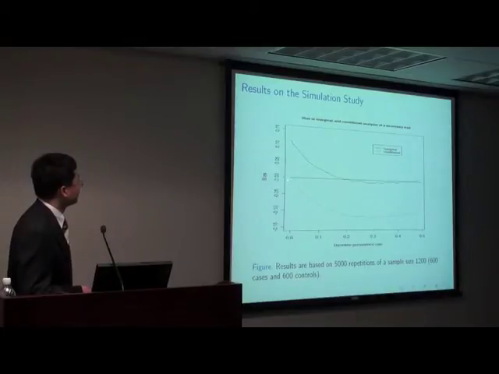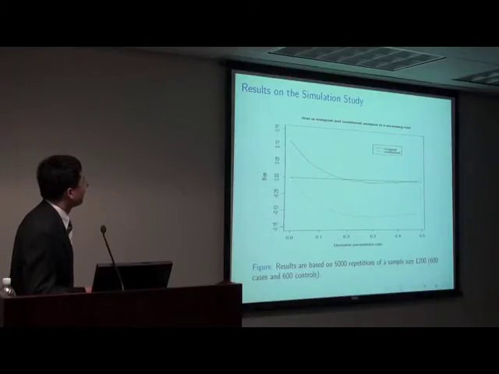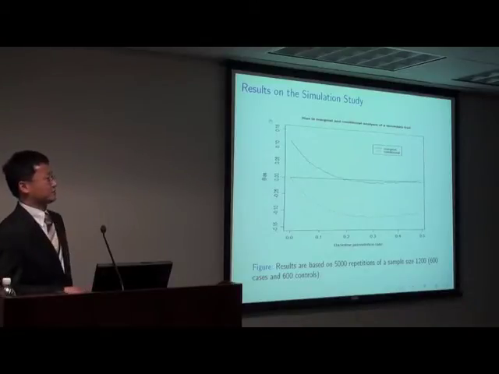So the case control study usually falls in between this one. Of course, in this conditional analysis, if the rate is very small at the very beginning, you don't see a big bias. But this bias increases very rapidly. So even for a small prevalence rate increase, the bias can increase substantially.